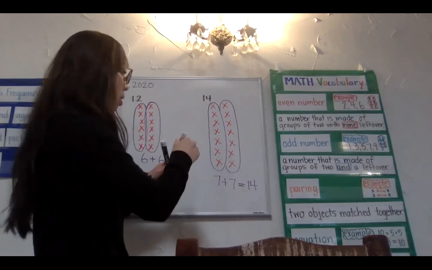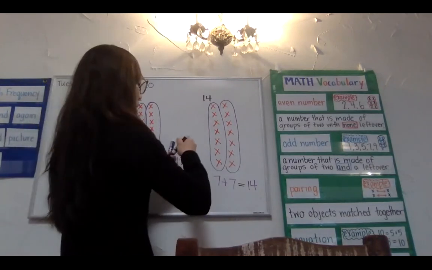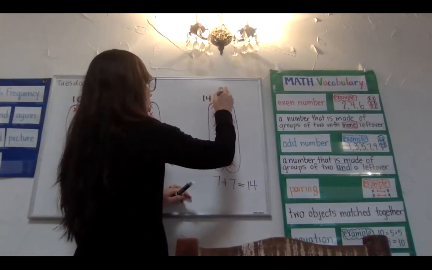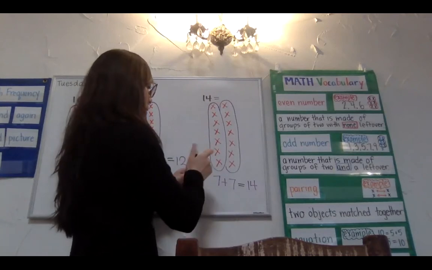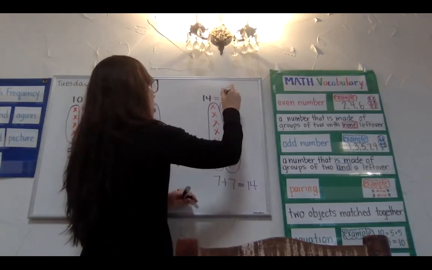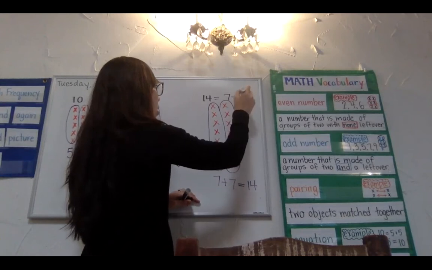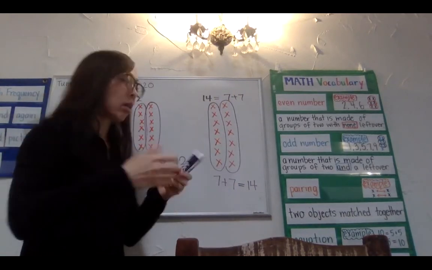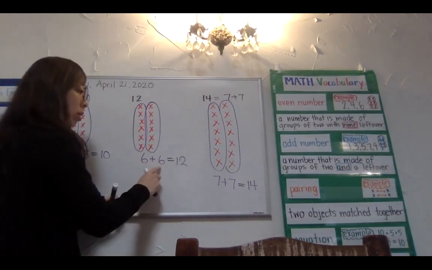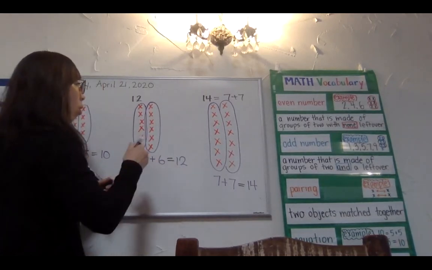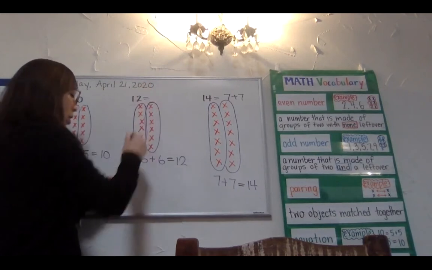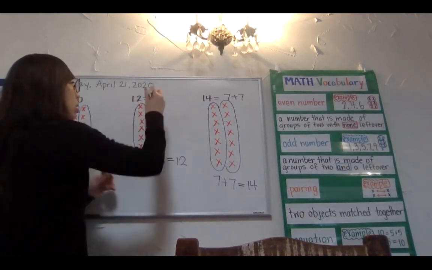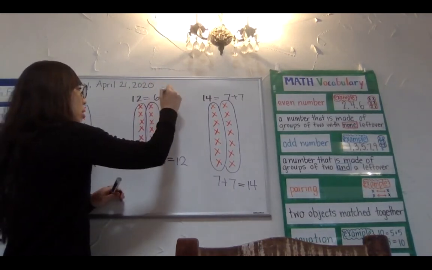But I also could say 14 equals 7 plus 7. It doesn't matter which order we put them in because the value is the same on both sides. So we could say 6 plus 6 equals 12, or we could say 12 equals 6 plus 6.